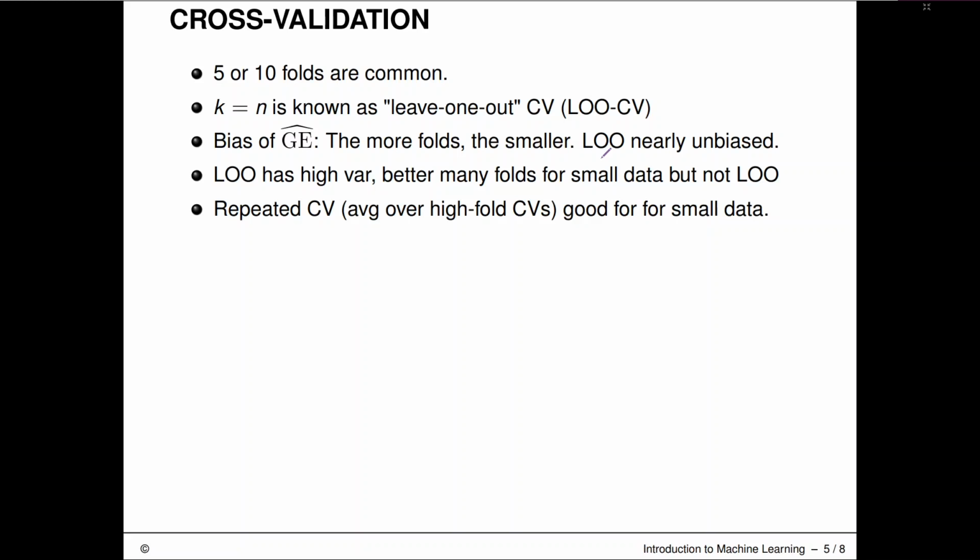For small sample size situations, it's usually better to use a high number of folds in cross-validation. That's certainly true, but do not go to the extreme end and use leave one out. In a certain sense, that's also better in terms of computational efficiency. So do something like leave 5 out, but not leave 1 out.